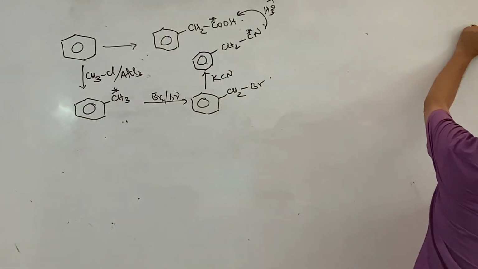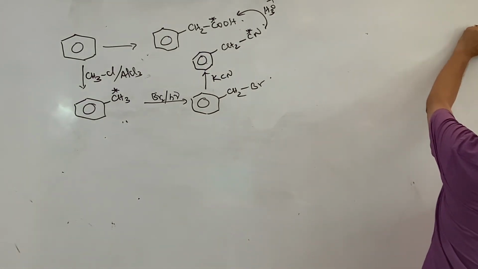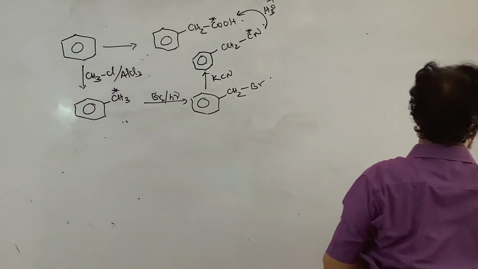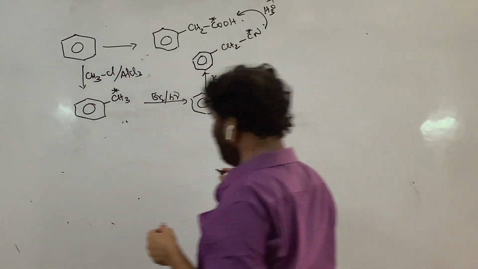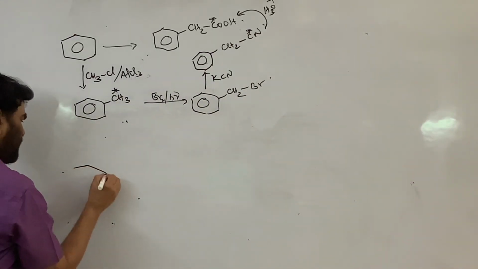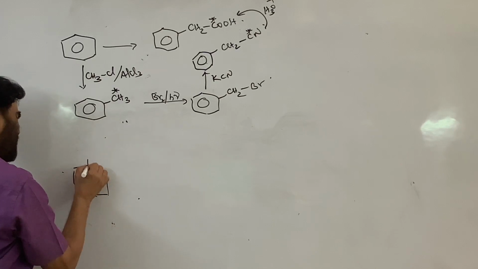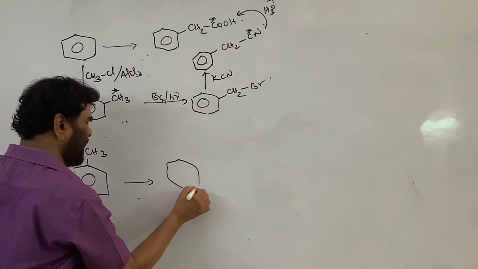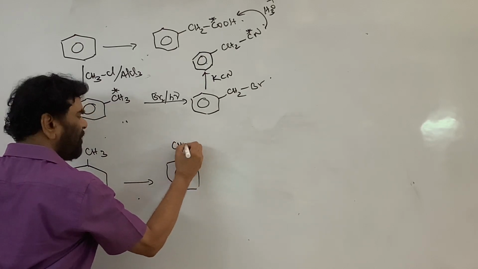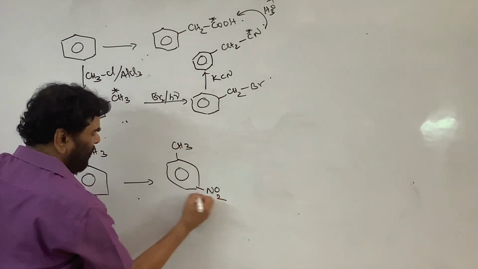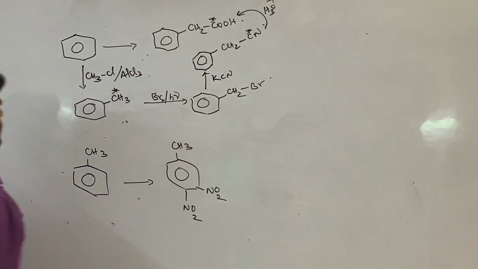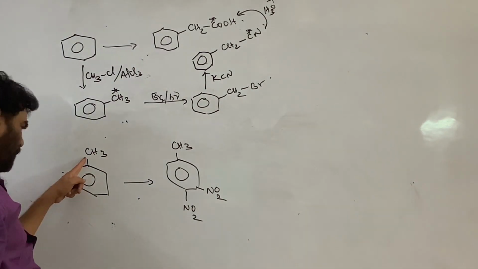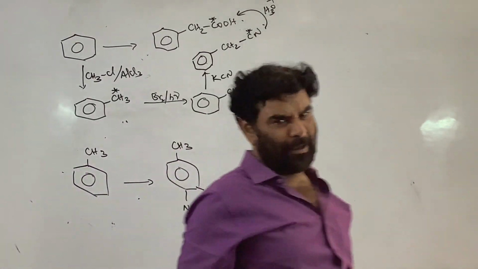And the next one is toluene to 3,4-dinitrotoluene. Simple, but see here, one nitro group can be introduced at the para position.